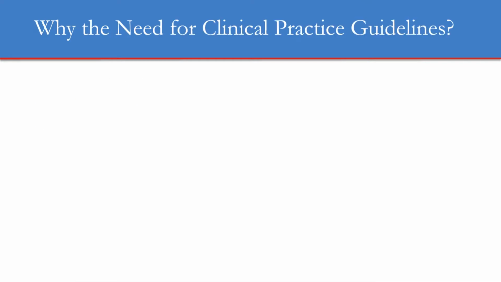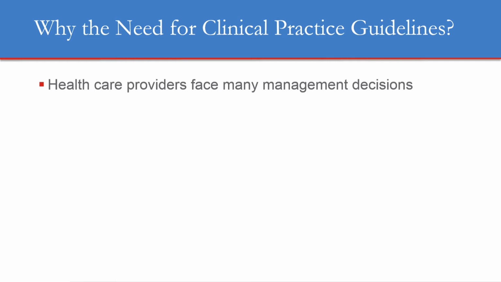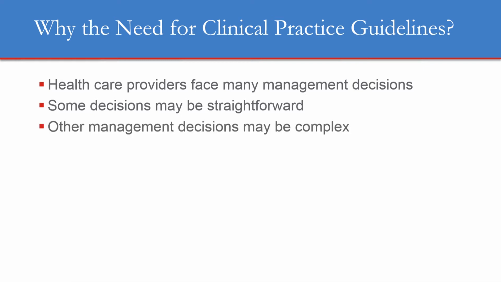Why the need for clinical practice guidelines? Healthcare providers are confronted on a daily basis with making healthcare management decisions. Sometimes the decisions are straightforward and the choices are clear. For example, administering antibiotics to a patient with bacterial pneumonia is indisputably effective. However, in many instances, management decisions may be more complex.